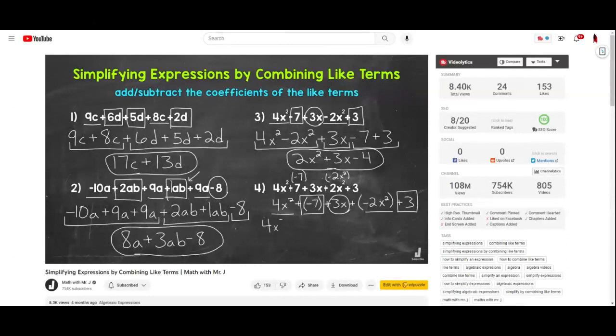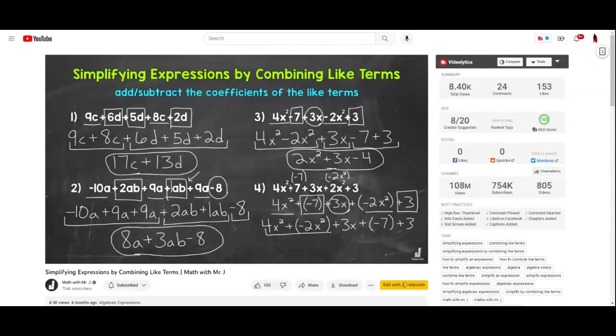Now let's rewrite this expression with the like terms next to each other. So we have 4x squared plus negative 2x squared plus 3x plus negative 7 plus 3. Now we can combine like terms.